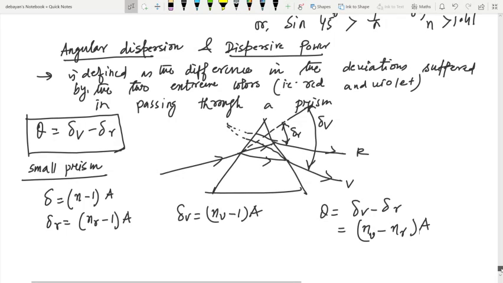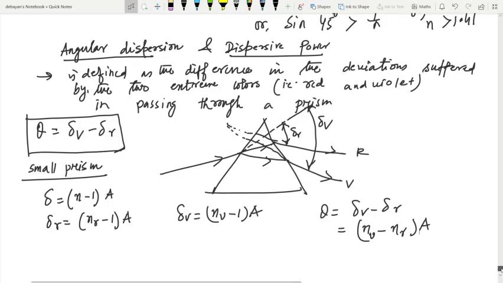Dispersive power is the ability to disperse the constituent colors of incident light.